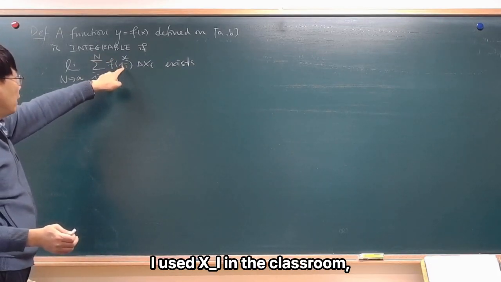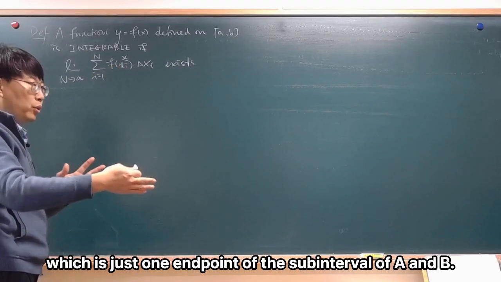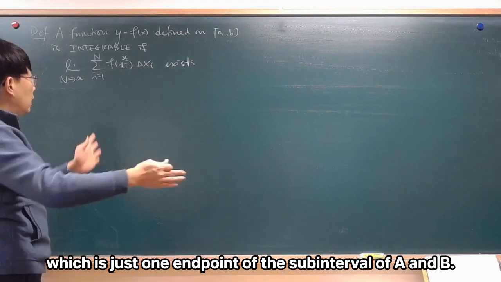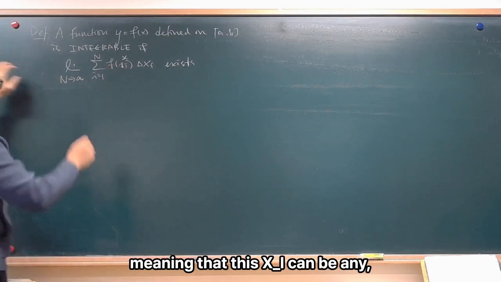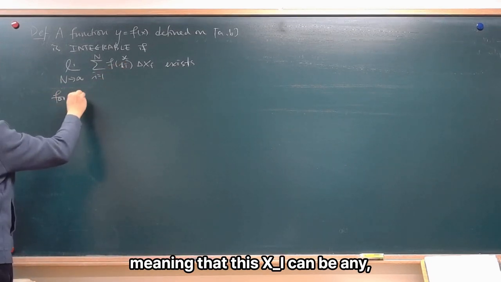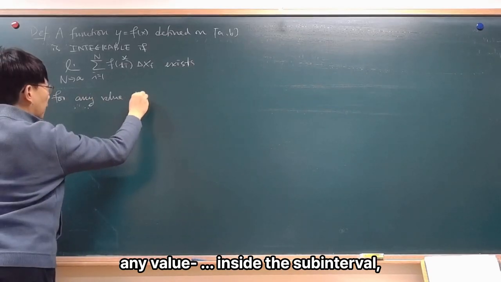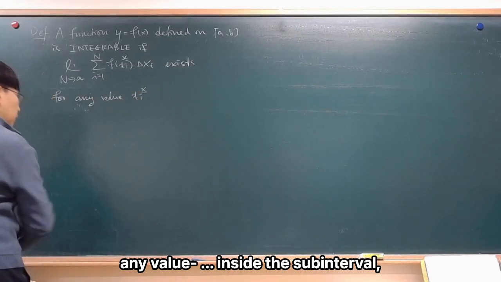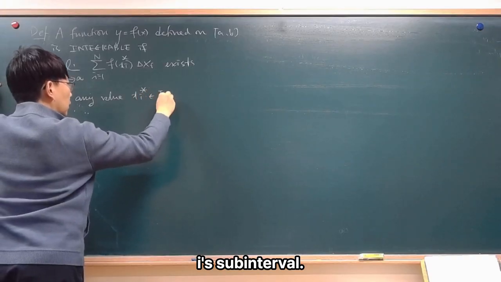I used xi in the classroom, which is just one endpoint of the subinterval of a and b. But here I denoted it as xi star, meaning that this xi can be any value inside this subinterval, the ith subinterval.